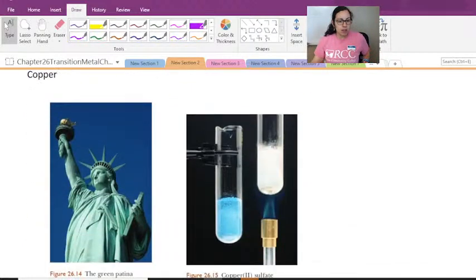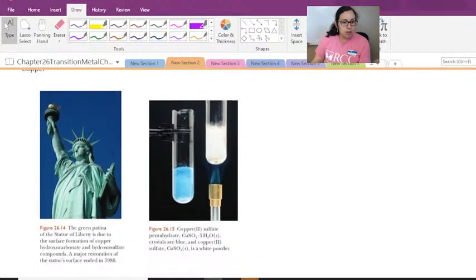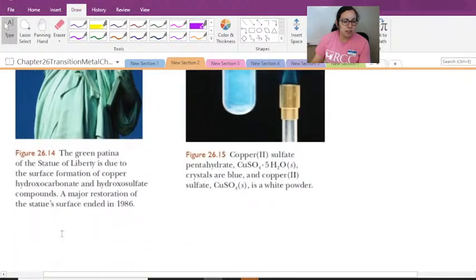And now looking at copper. I think most people know that the Statue of Liberty is made out of copper, but of course it's green since it's reacted with all the water in our atmosphere, and so it's now copper hydroxocarbonate and copper hydroxosulfonate. So that's why it's green.